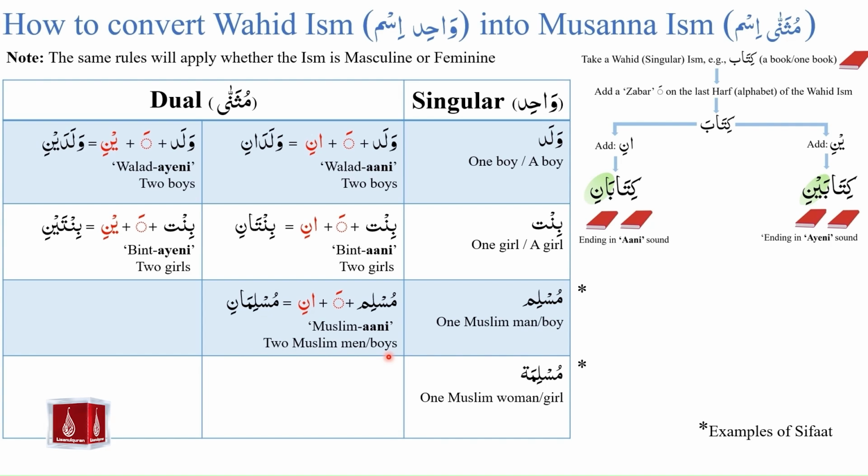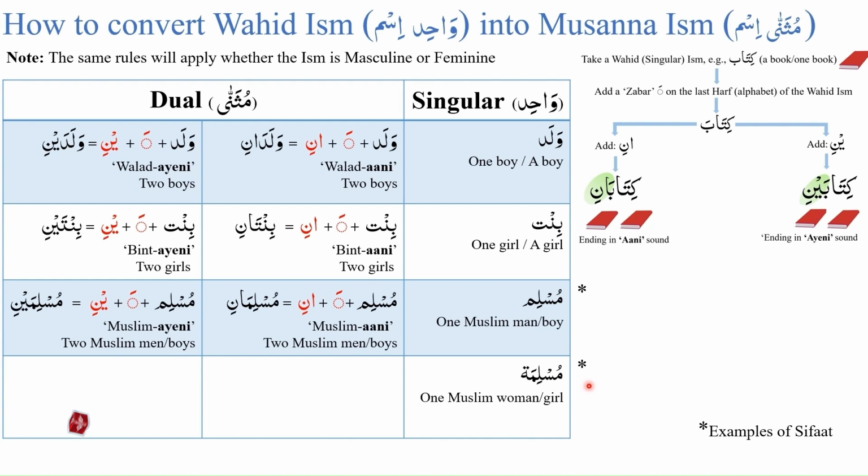And for the second musanna version of muslim, we will add zabar followed by ya noon zair, where we have muslimaini. Again, we have the aini sound at the end, which means two Muslim men or two Muslim boys. Walad becomes waladani or waladaini. Bint becomes bintani or bintaini. Muslim becomes muslimani, muslimaini.